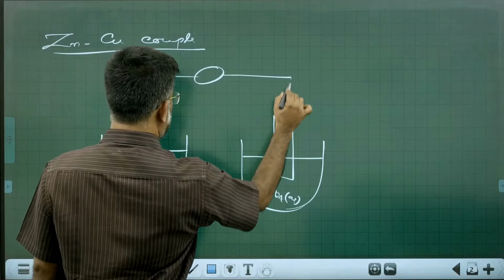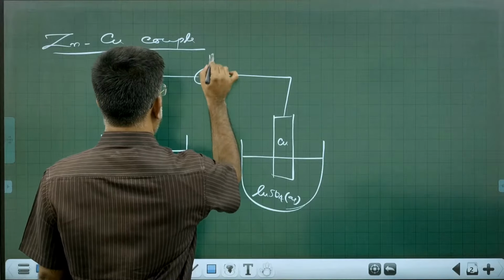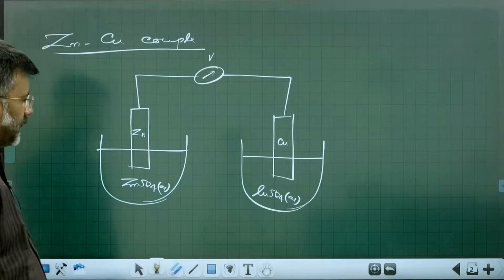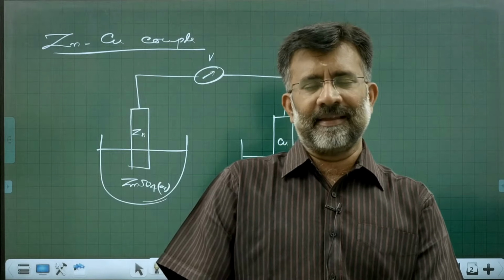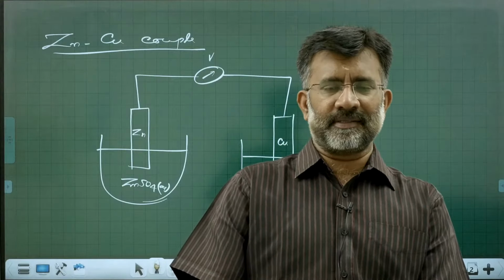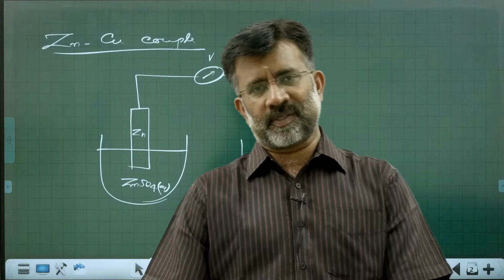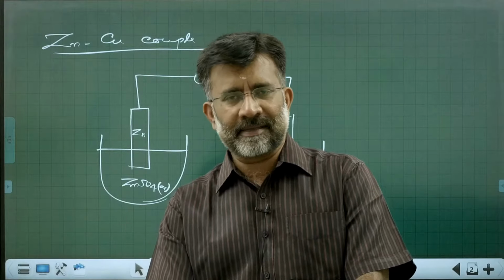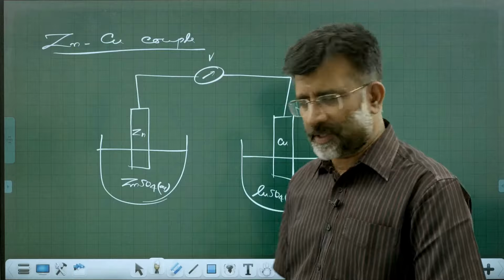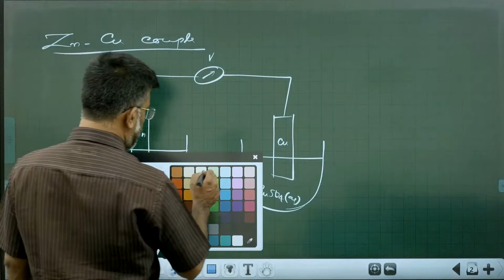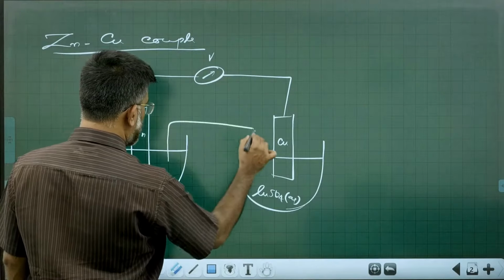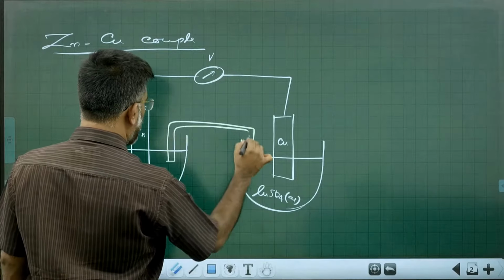They are connected externally, and here I am keeping a voltmeter. This connection functions as a natural cell where the chemical energy, the potential stored in the system, copper and zinc metals, is converted to electrical energy. And there is a device all of you definitely remember, called a salt bridge.